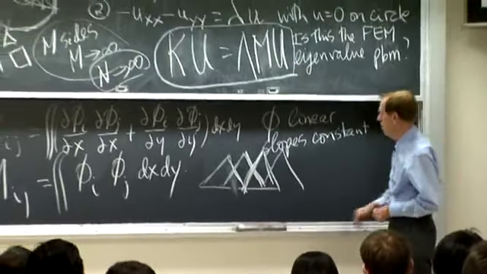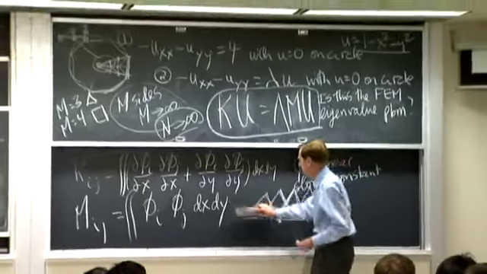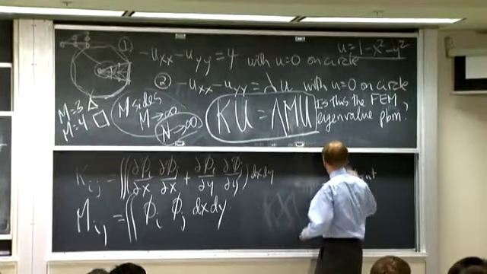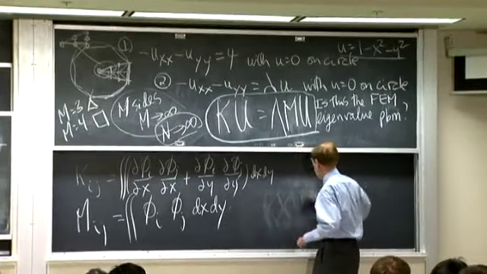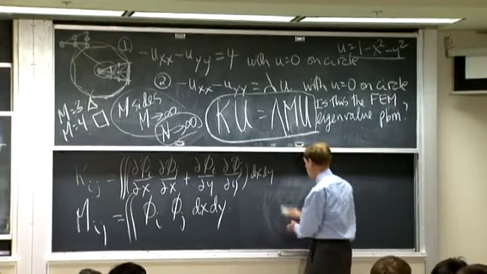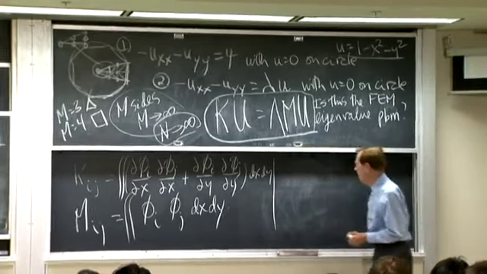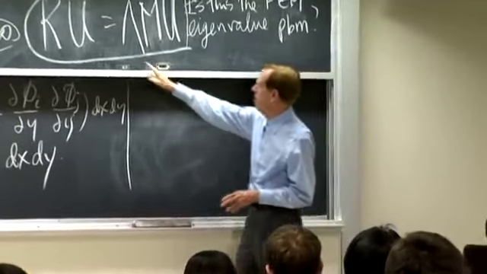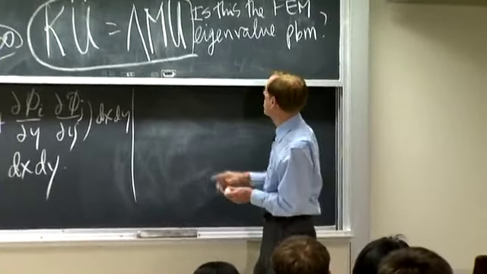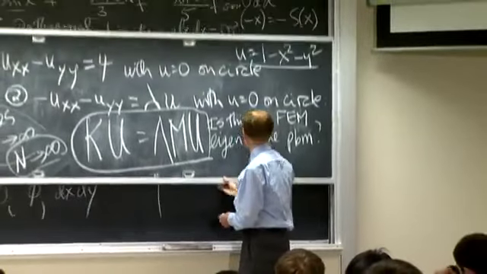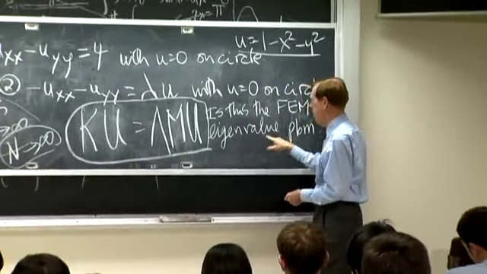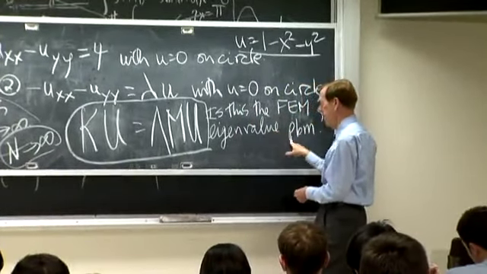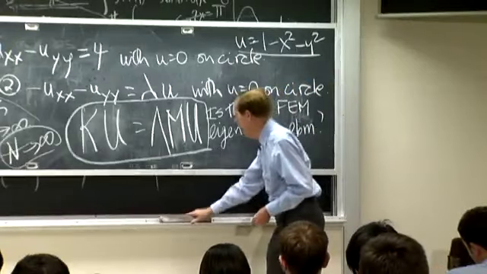So let me tell you where this mass matrix comes from. First let me tell you about eigenvalues of a matrix. So the answer was, is this the finite element eigenvalue problem? Only if there's an M there.